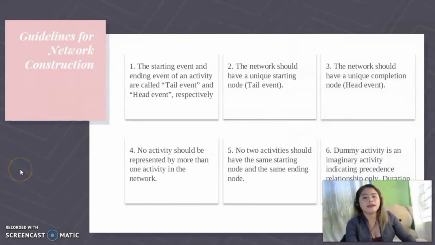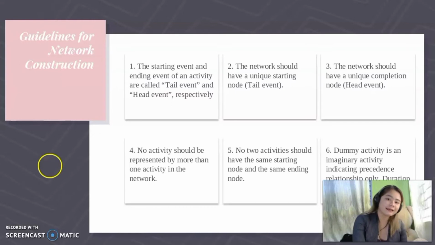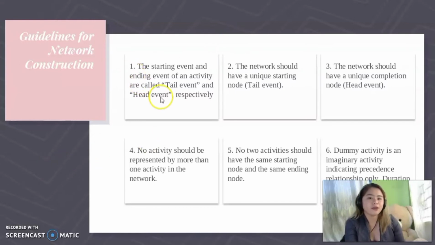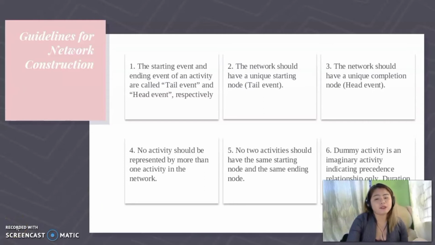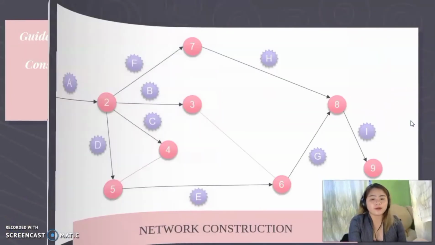Now back to our second and third guidelines. The network should have a unique starting node or tail event, and the network should have a unique completion node or the head event. And number 4, no activity should be represented by more than one arrow in the network. And the fifth guideline is no two activities should have the same starting node and the same ending node. So look at our network construction.